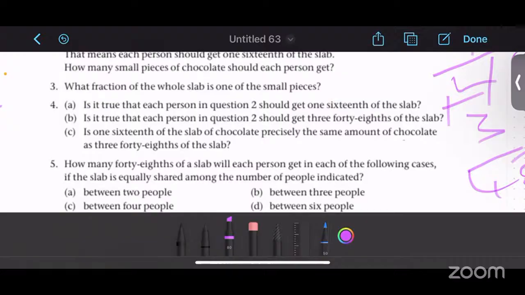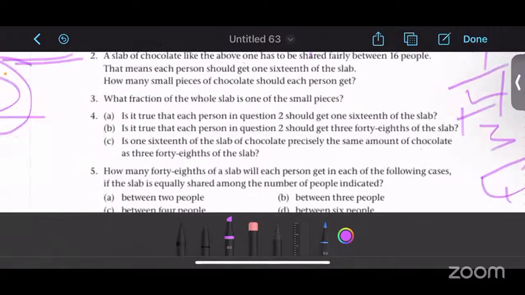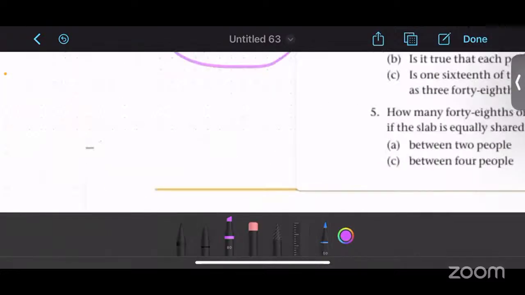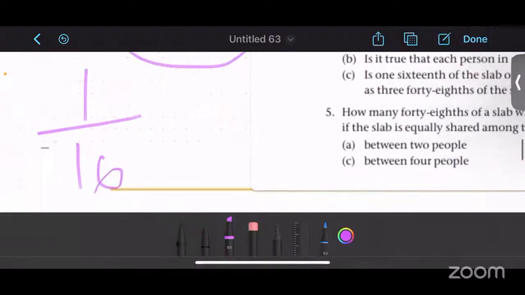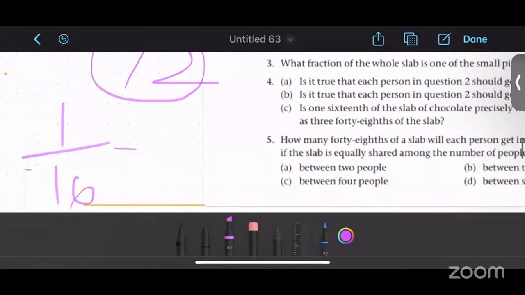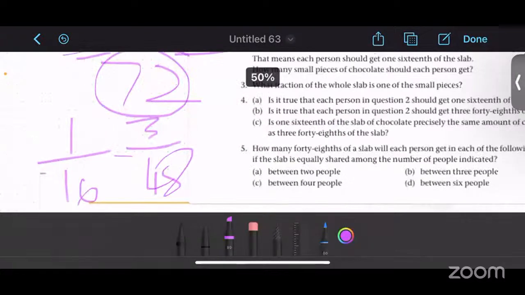And then let's see, we have another one over here. Is 1/16 of the slab of chocolate precisely the same amount of chocolate as 3/48? So you're going to take your calculator, say 1/16 minus 3/48. If you get 0, then it's correct.